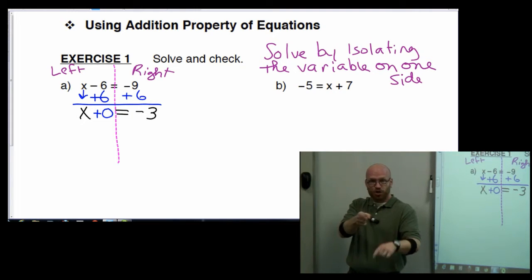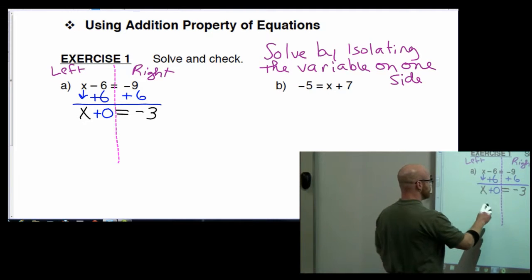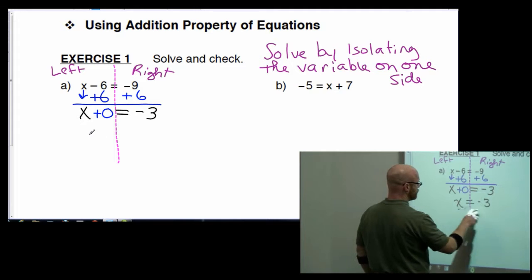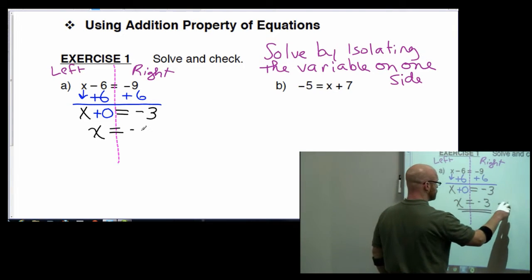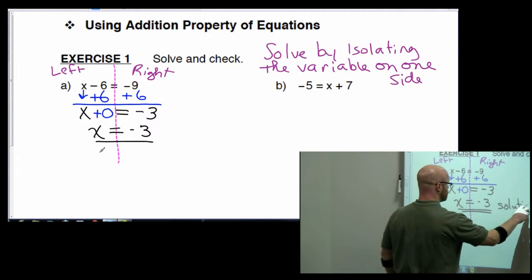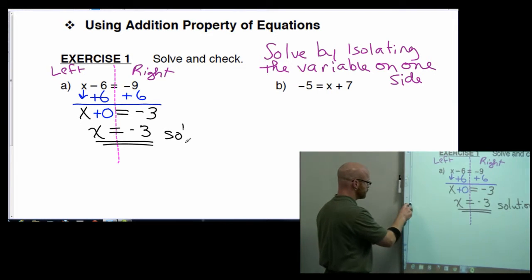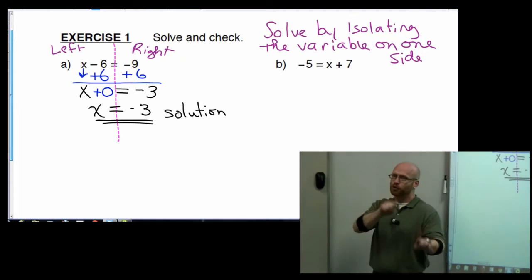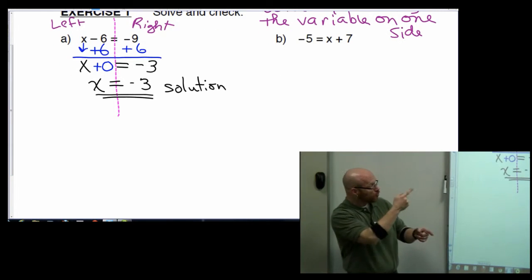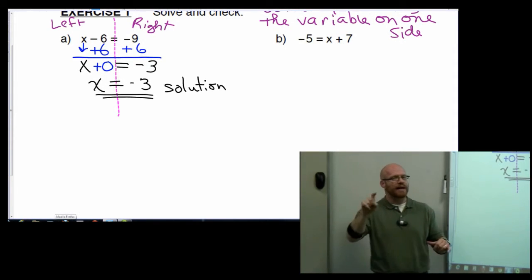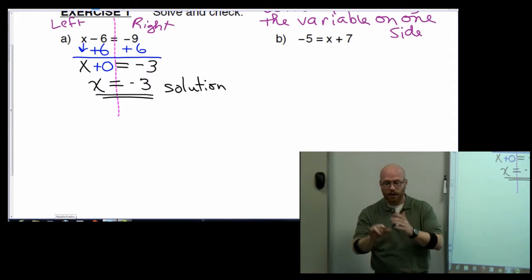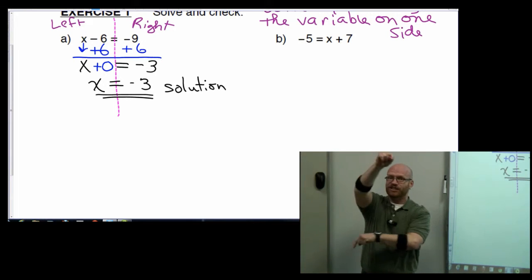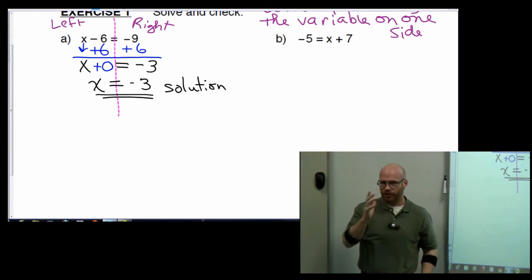And that's a solution, or we think it's a solution. It looks right, but we still have to check. How do we check? We replace x in the original equation with that answer, negative 3.